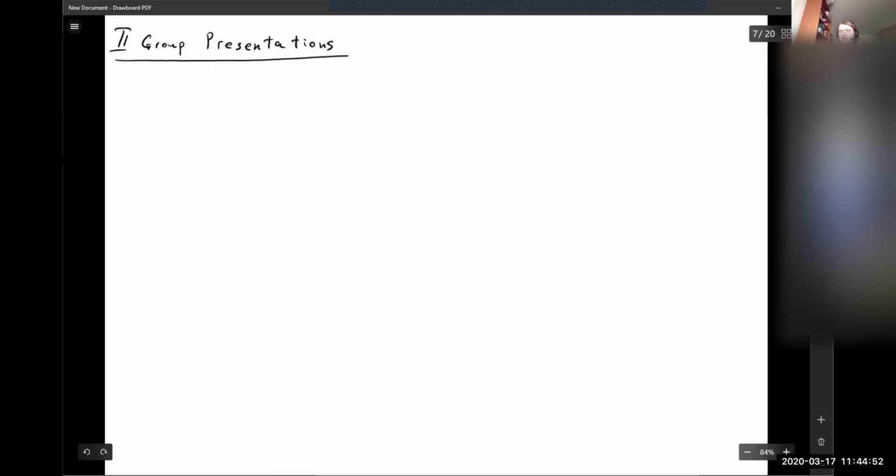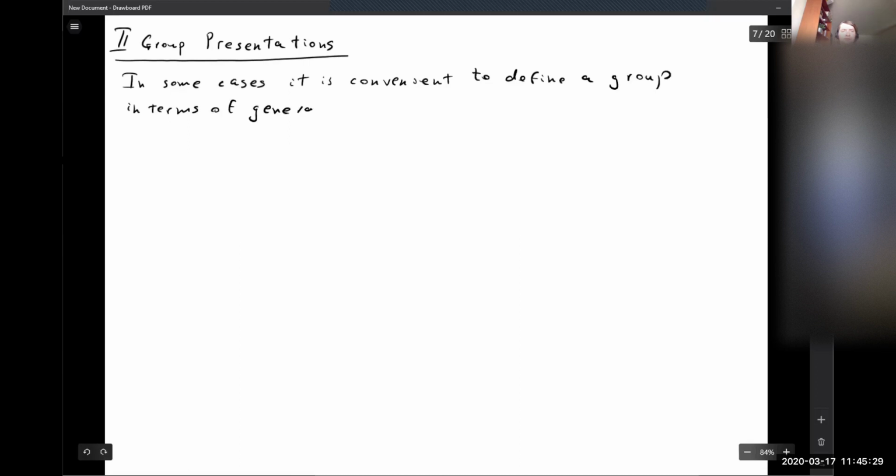It is possible to define a group, in fact, in terms of generators and relations. So in some cases, it is convenient to define a group in terms of generators and relations.